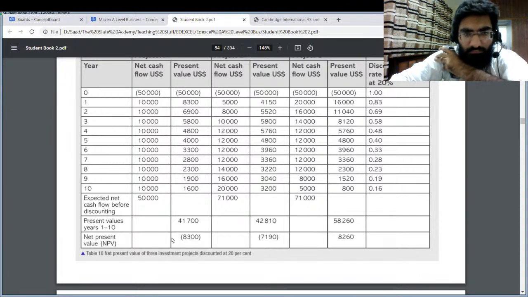Yes, that's right. But I think you did it from year 1. You didn't include 50,000 in it, did you? No, you should have. So when we include 50,000 as well, then we get the net present value.